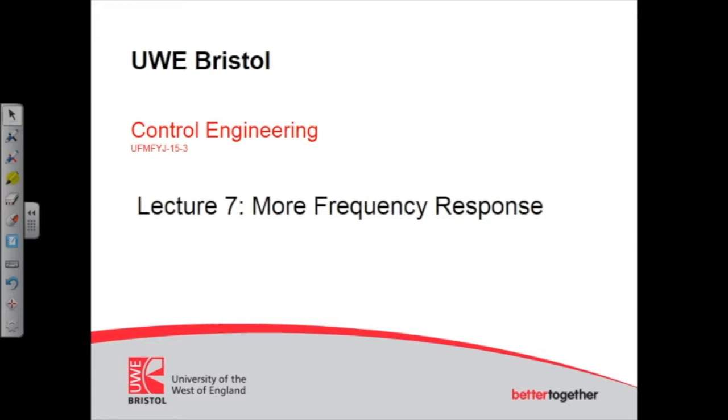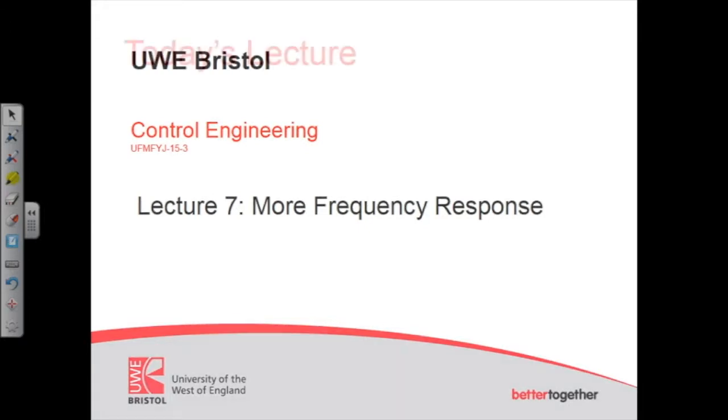Because last time we rushed through what frequency response is and how to relate Bode plots to frequency response, and if you've got frequency response data, how to use it to work out a system model, a system transfer function.